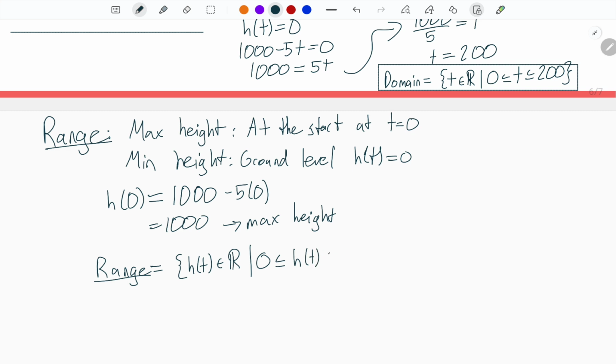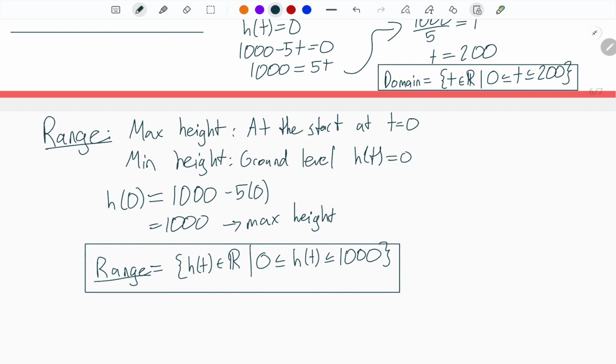You could write just h, I would be fine with that, as long as it's the variable representing the height. So don't use y, because we never had y in the equation. So all the way up to 1,000. And there we have it. That is the range.